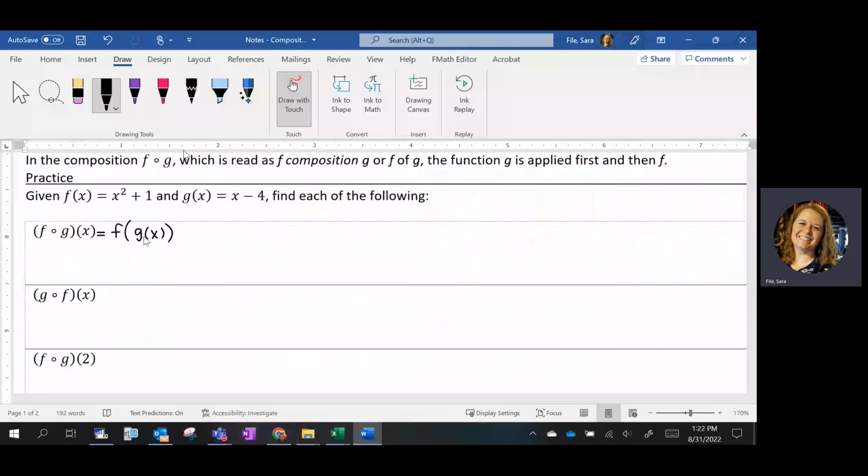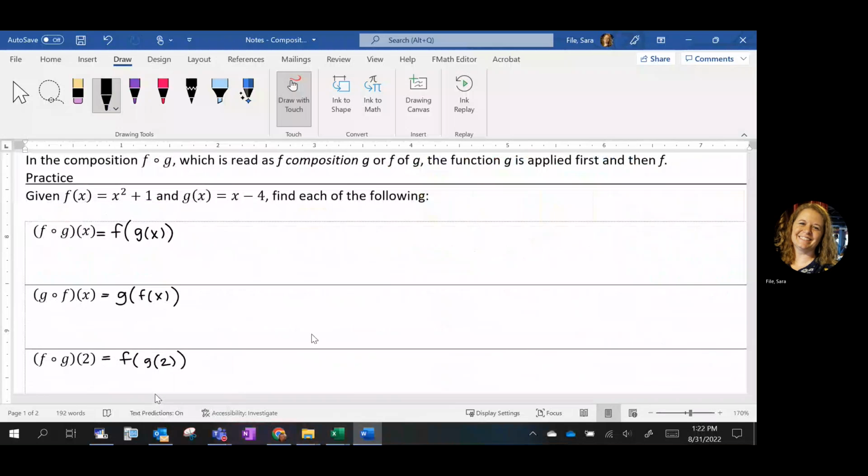So I'm going to rewrite this one. This is in reverse. This has g on the outside and f of x on the inside. And this last one, it's the f on the outside, just like the top one, but they're giving us a specific value to input. Instead of just x, they want us to specifically input a 2.